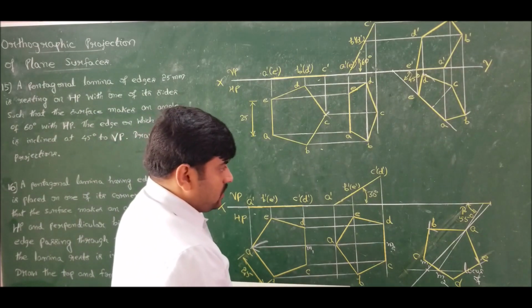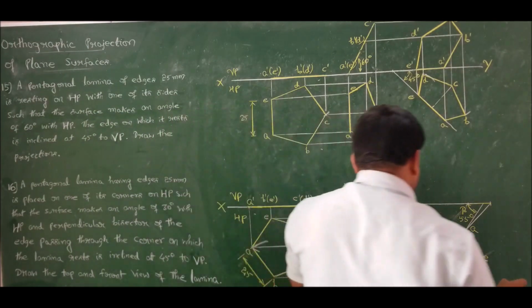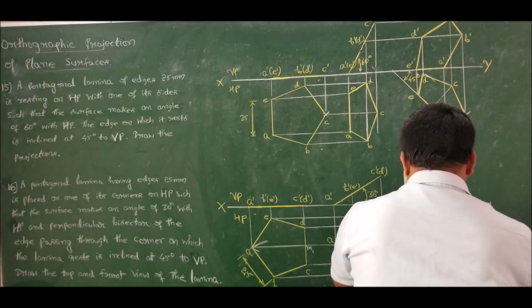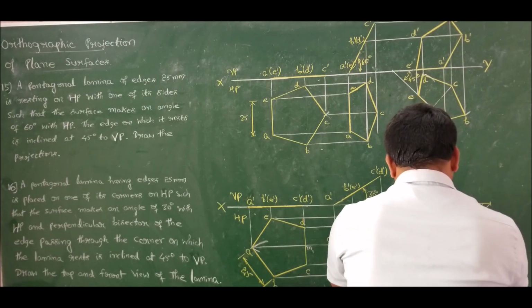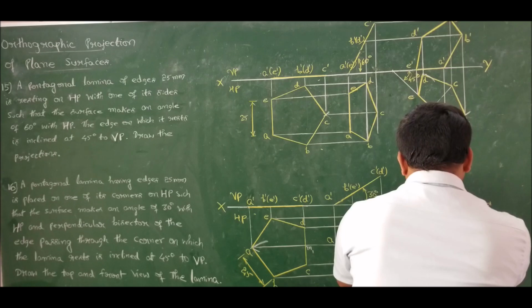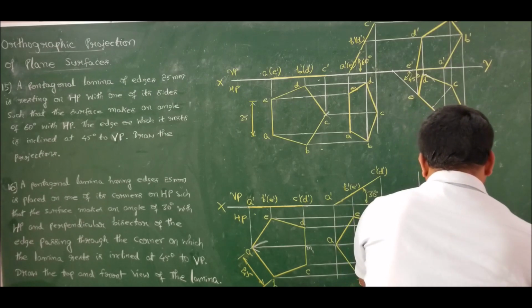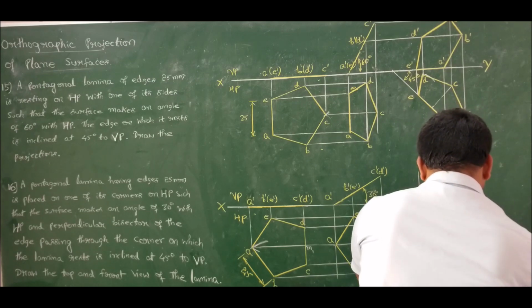Hope you understood. Now take vertical and horizontal projections and complete the drawing. So C is still above, so take the projection. B is still between and D is still above, farthest.